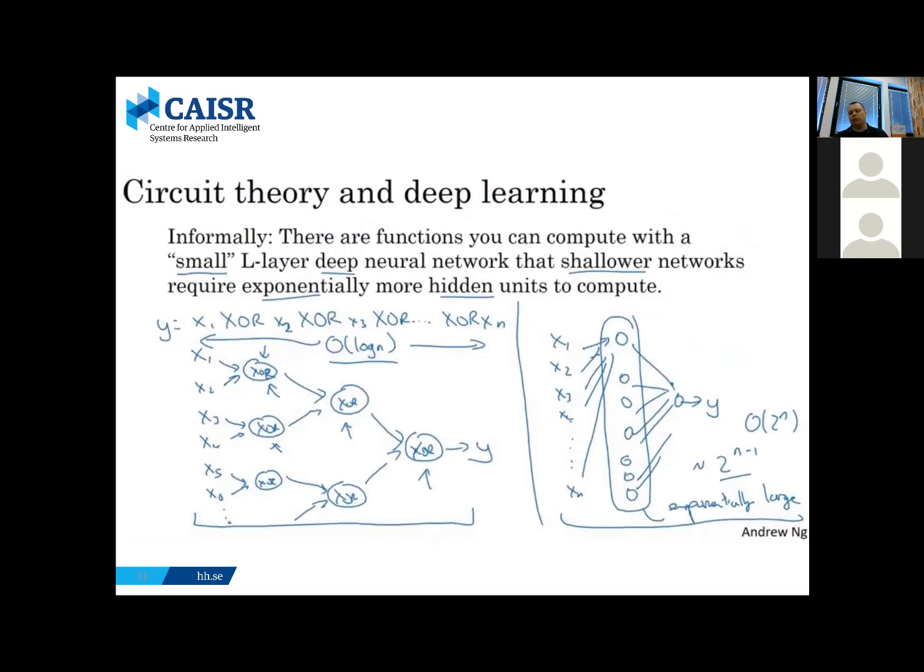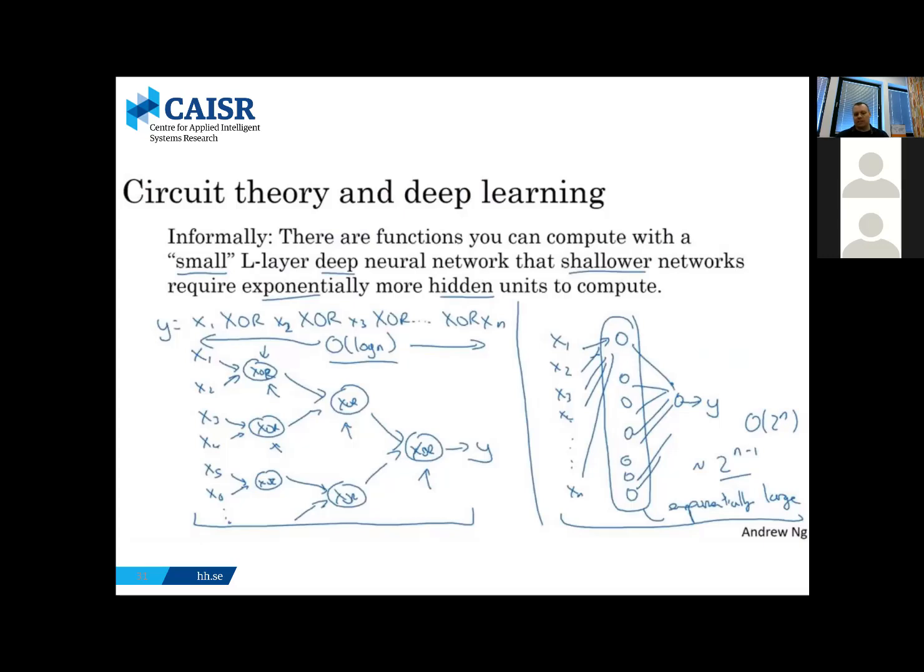Again, there are mathematical proofs that you can have a small deep neural network which learns a particular function, and we know that it's possible to learn the same function with a much shallower network, but that shallow network would need exponentially more hidden units.